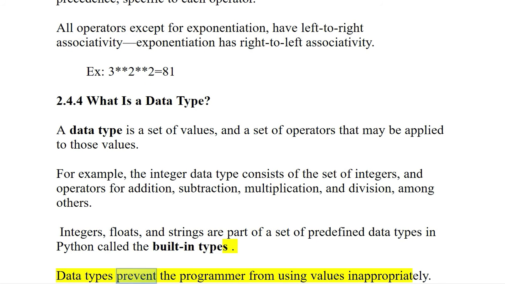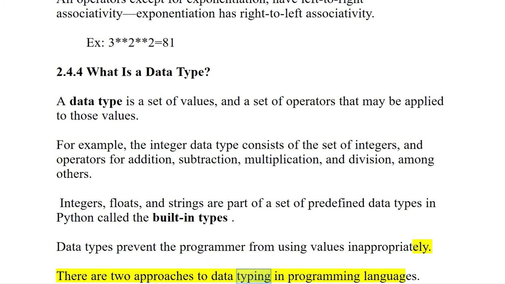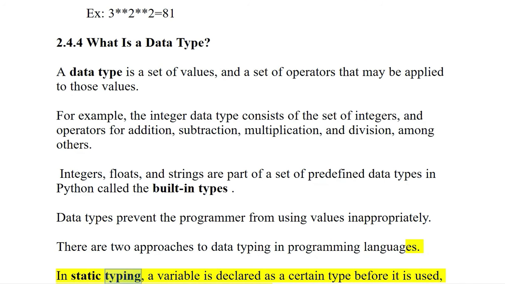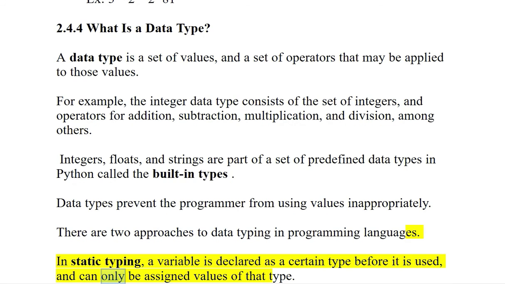Data types prevent the programmer from using values inappropriately. Due to data typing in programming languages, in static typing, a variable is declared as a certain type before it is used, and can only be assigned values of that type.